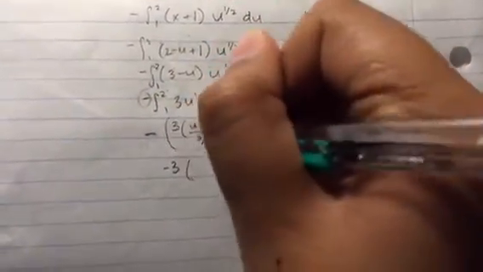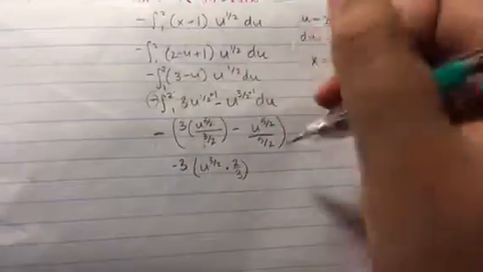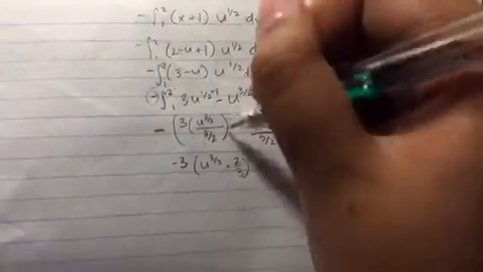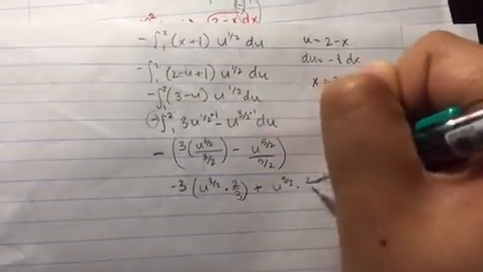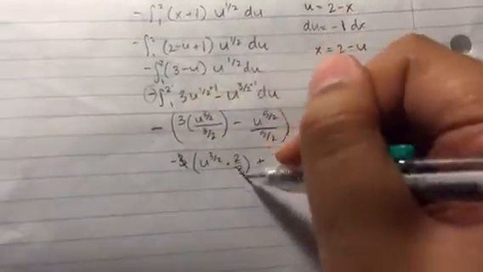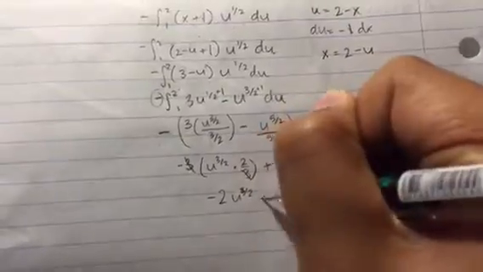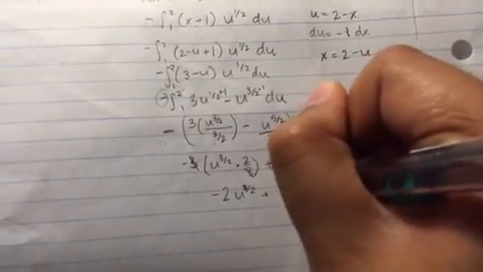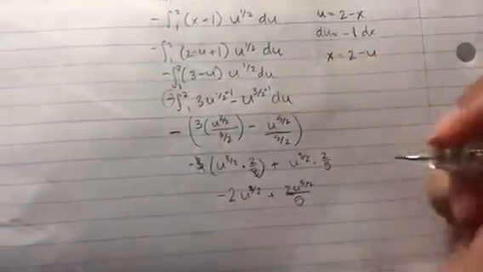So then we'll get negative 3, and this is the same as u to the 3/2 times 2 over 3, and then this becomes a plus because of the negative, u to the 5/2 times 2 over 5. And then this cancels out, so we have negative 2u to the 3/2 plus 2u to the 5/2 over 5.